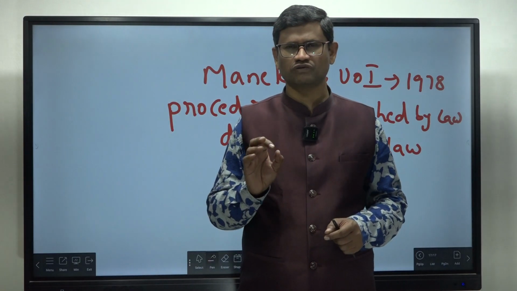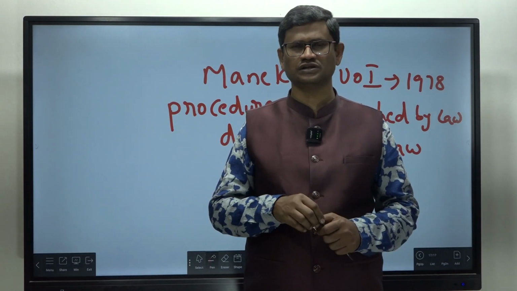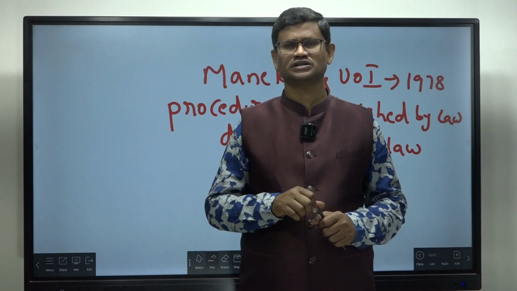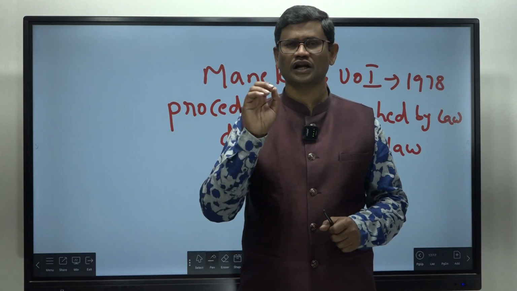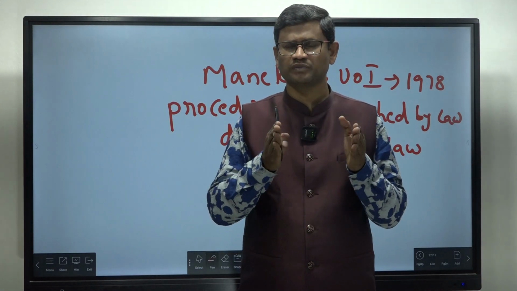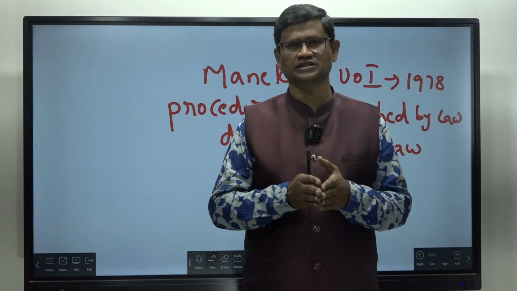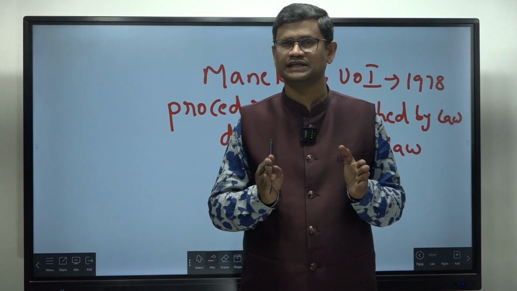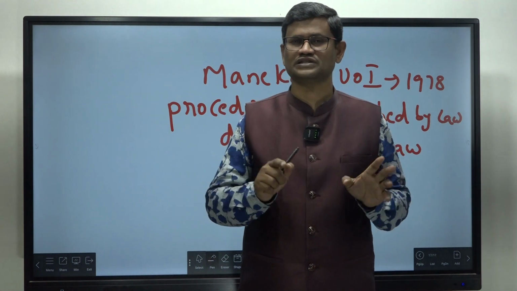So under due process of law, in addition to these three conditions, any law made by the parliament or state legislature shall uphold the principles of natural justice, which means the laws made by parliament and state legislature, if they are unfair, unreasonable and unjust, they can be struck down as invalid.